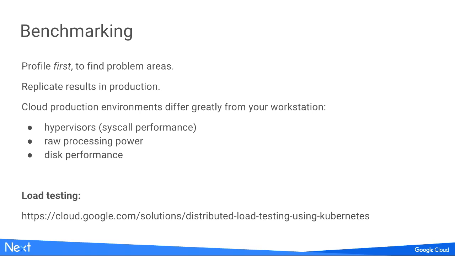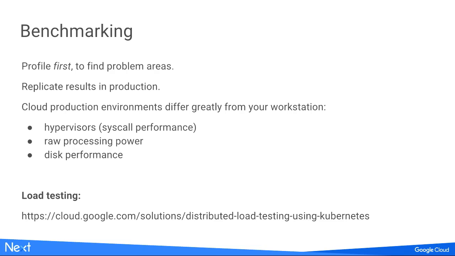After you've figured out a particular function or method that needs to be improved, benchmarking is a really good way of doing this. I always say to profile first, otherwise you're kind of benchmarking in the dark. You really want to figure out what to benchmark first and find problem areas. It's also really important to replicate these results in production. Production environments differ greatly from your workstation in terms of their performance characteristics. So there are things like hypervisors.